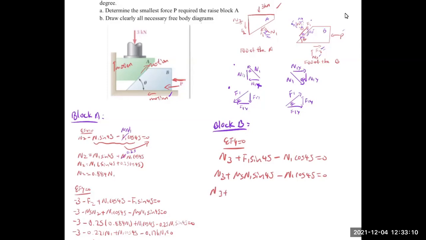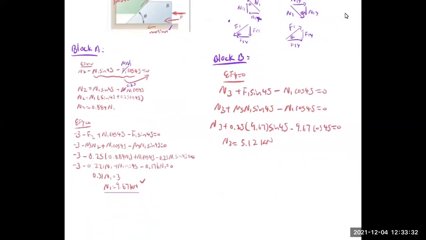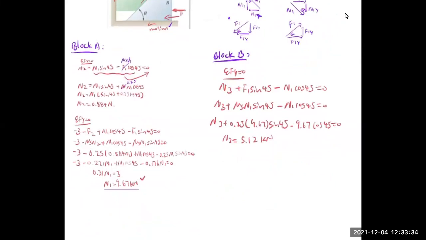Plus minus 0.25 N1, 9.67 sine 45 minus 9.67 cosine of 45 equal to 0. Okay, basically solve for N3. So we get N3 is equal to 5.12 kilonewtons.